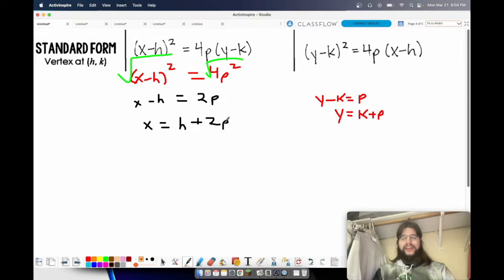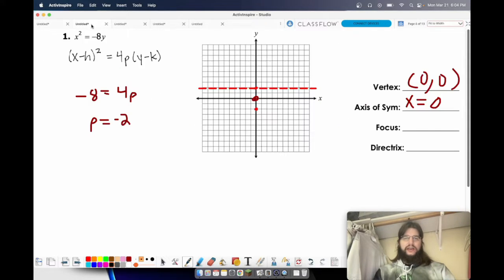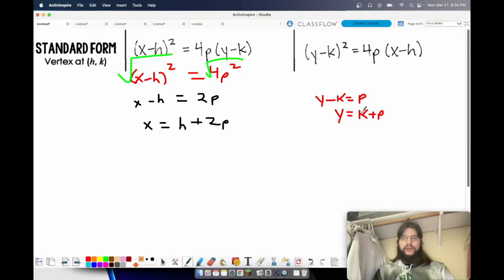So that's a lot to figure out, but guess what? You don't have to figure it out. Let's look right here. What's h? Well, h and k are both 0, 0, right? So the y value is going to be p units, the x value is going to be 2p units.